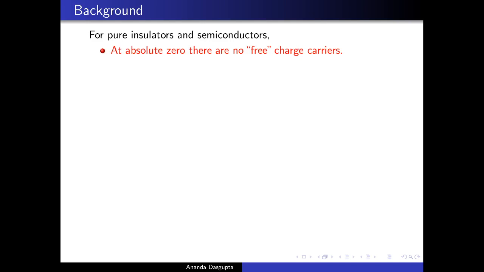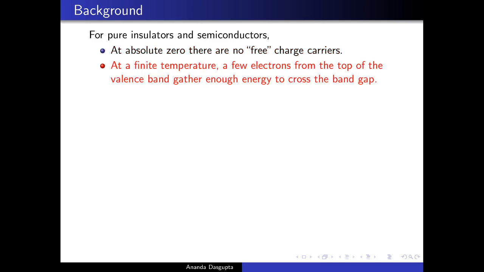All the charge carriers are in fully filled bands and they will not participate in conduction. So at absolute zero, both insulators and semiconductors are insulators. They don't conduct. But once you raise the temperature a bit, at a finite temperature, a few electrons near the top of the valence band gather enough energy to cross the band gap. So what happens now?